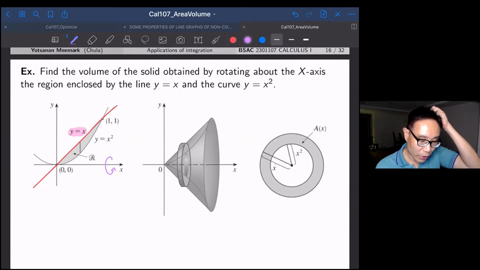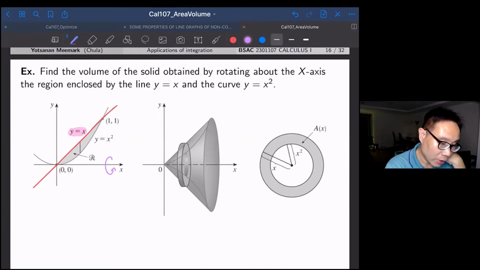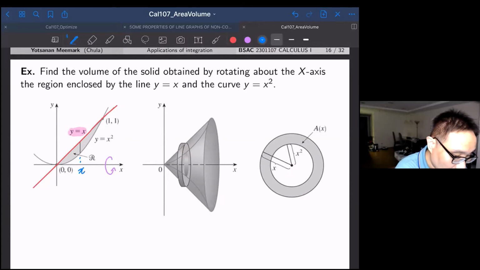The thing that you obtain will be the picture on the right side, and you see that the area of the cross section turned out to be a washer that has its center at 0. So the center is here, and you see the radius on the inside. Let me project this down for you to see. You project this and you have the small r, which is this distance.